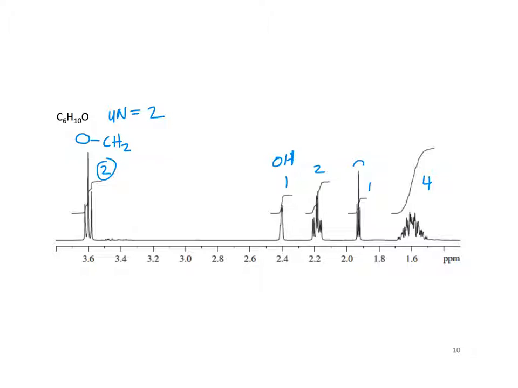Part of the CH, the doublet or triplets. Yeah, this one looks like it might couple, and who knows what's down in that big multiplet area. Does the triplet match the one at 3.6? It looks like it could.